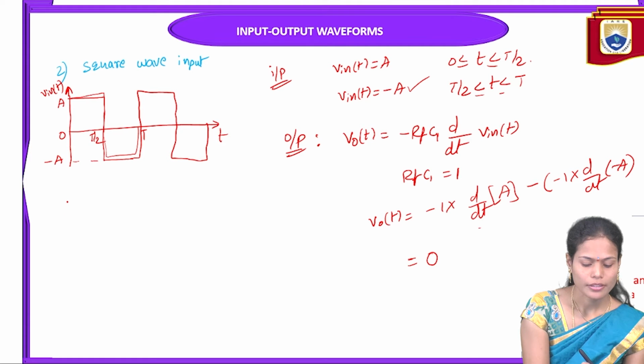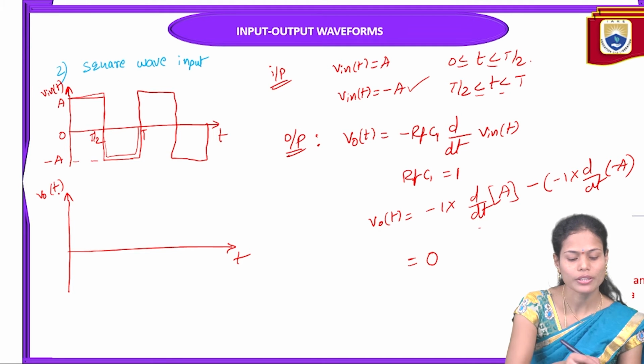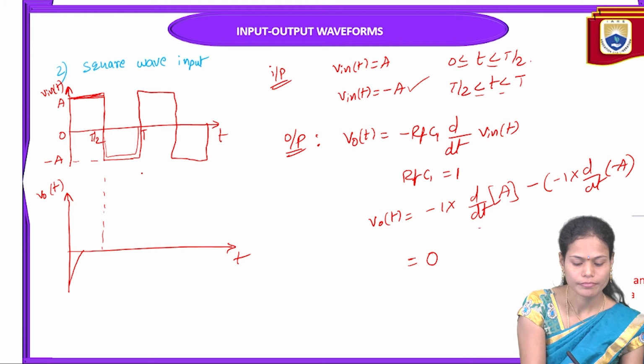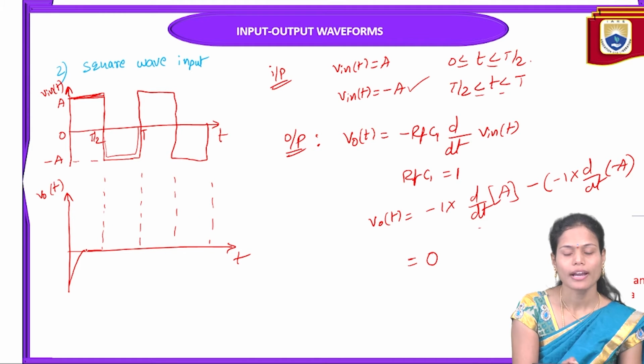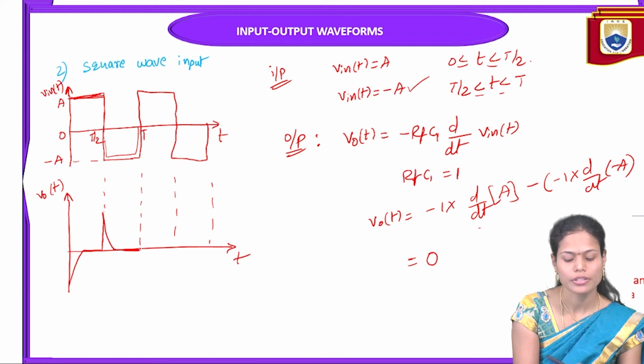In the output signal, which varies with respect to time, V naught of t equals, for the positive square signal, a negative spike, and again it goes to 0. For the negative half cycle we will get a positive spike, and again it will move to 0.